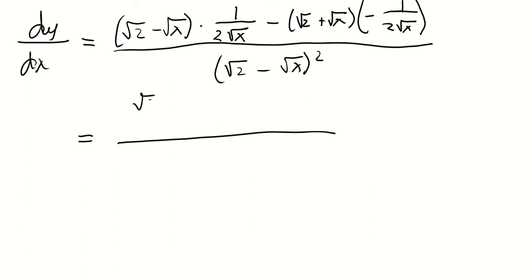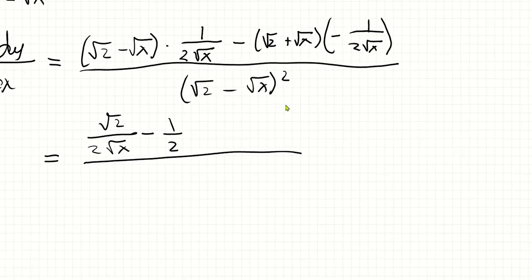square root of 2 all over 2 square root of x minus square root of x over square root of x will cancel out, and this will be just equal to 1 half. Then next, so this is minus and minus, so it will become a positive.